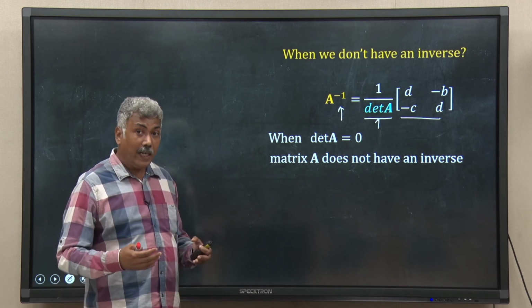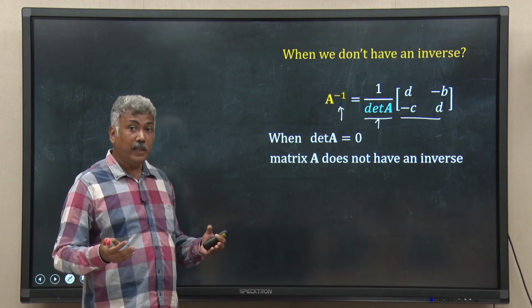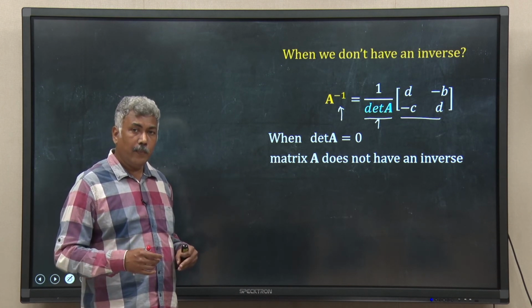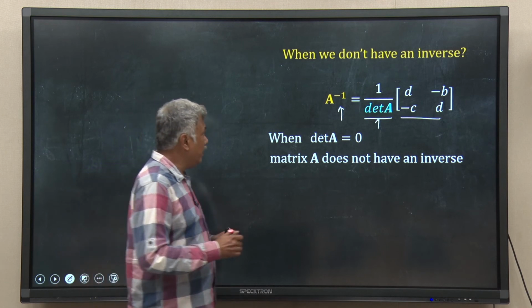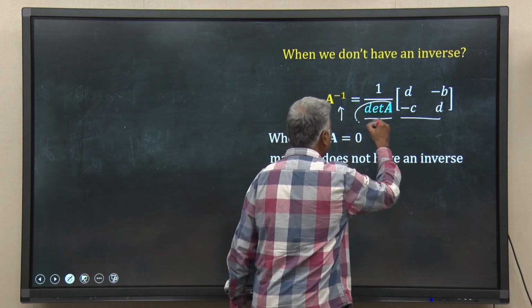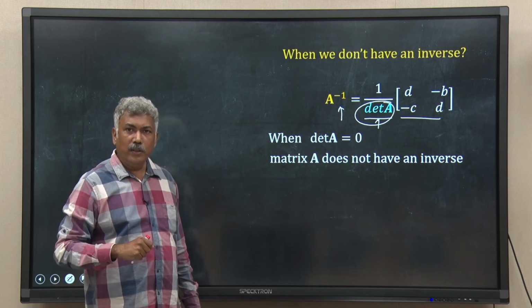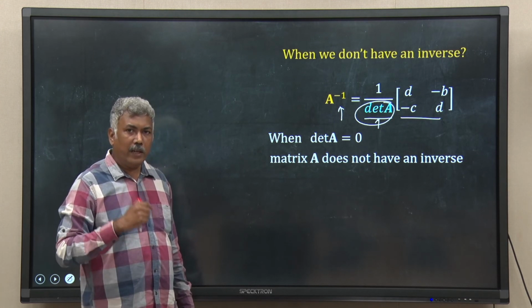So, I can ask, will every 2 by 2 matrix have an inverse using this formula? Not really, because if the determinant of that matrix is equal to 0, then you cannot calculate the inverse, because you are getting 1 by 0.